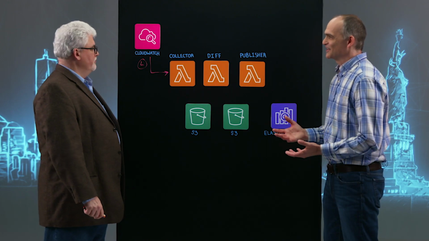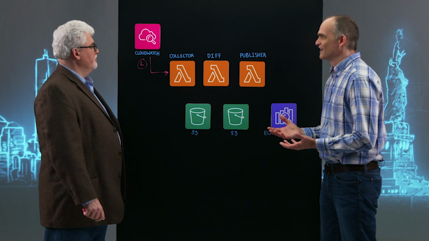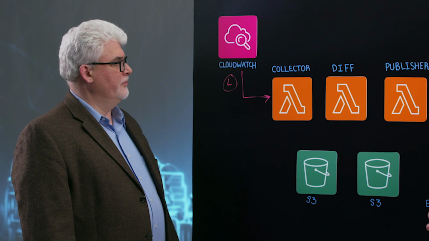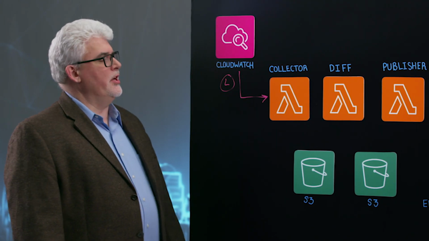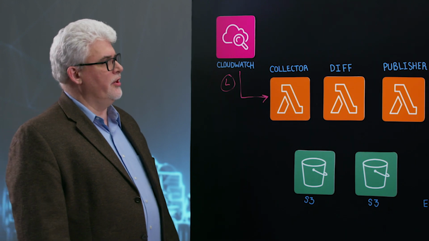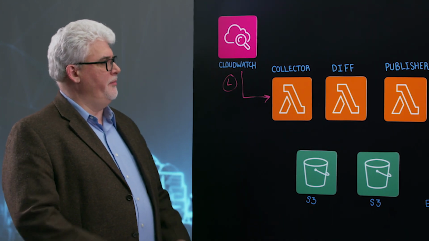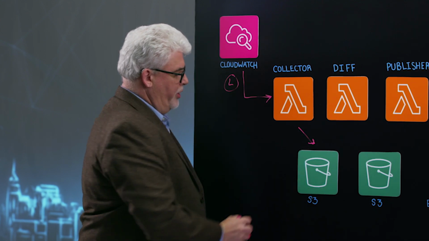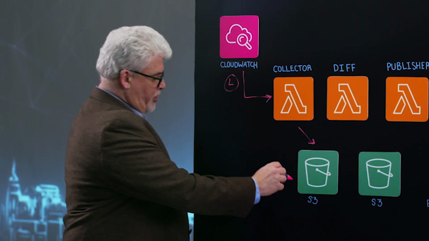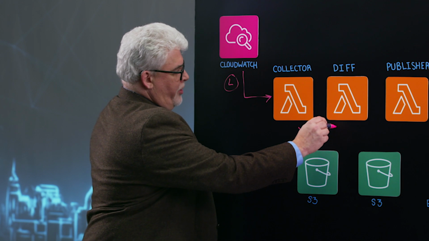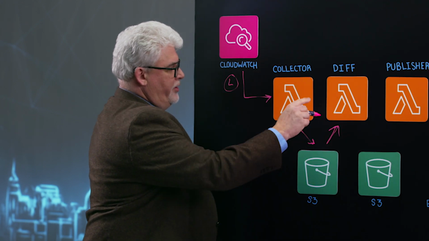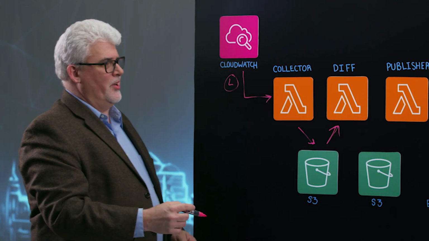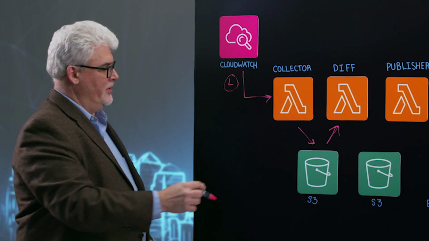So 4,000 accounts, lots of resources. I would assume that's a massive amount of jobs. Our collector process runs as many as 10,000 concurrent Lambda jobs at a time. Each of those Lambda jobs writes its collected output into S3, and then each of those outputs triggers an S3 event that launches a difference engine, which also runs about 10,000 concurrent processes.